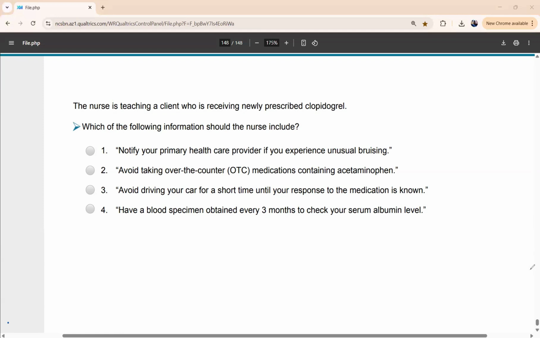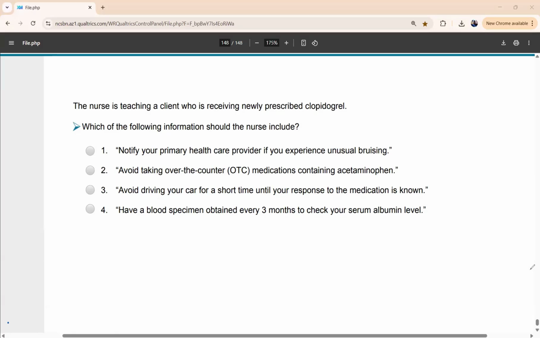So I chose this answer because I was thinking, let me assume I don't know what medication it's for. And then I went to option two. I said, oh, over the counter medication Tylenol cannot contraindicate with anything so far. So I just canceled that.